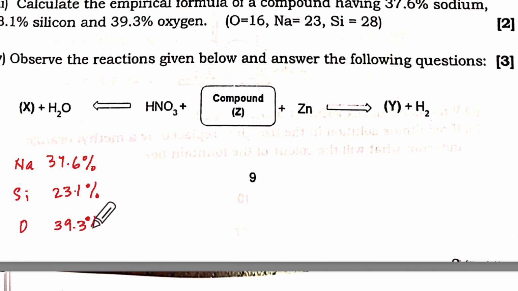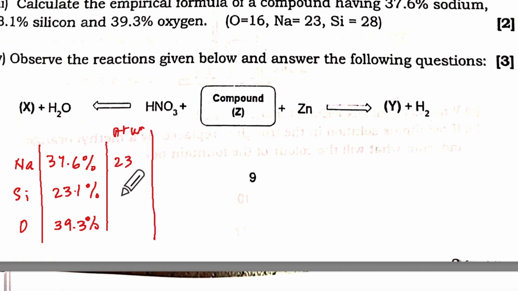I'm doing the corrections of these. Make sure that you have this percentage. Then you have the atomic weight. The atomic weights are here: 23, silicon is 28, oxygen is 16, and then you have relative number of atoms. Please mention this. Don't just write these numbers, also draw the columns.